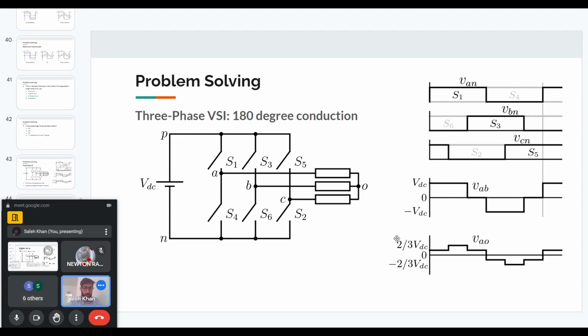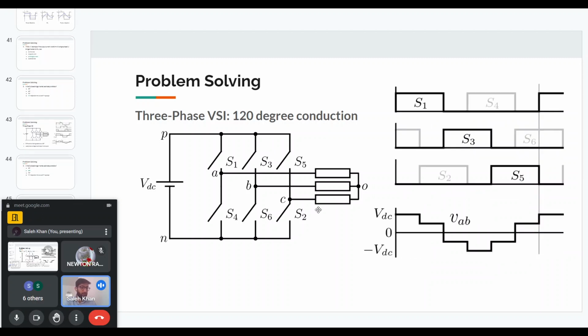As we saw, for 180 degree conduction, there will be exactly 3 switches that are on at one time. For example, in the first 60 degrees, S1, S6, and S5 are on, and in the next one, S1, S6, S2. Similarly for the other cases as well. But at every instant, there will be 3 switches that are on.